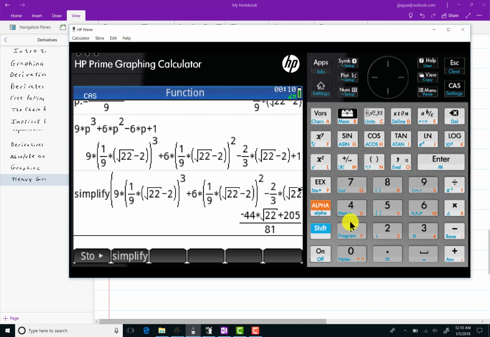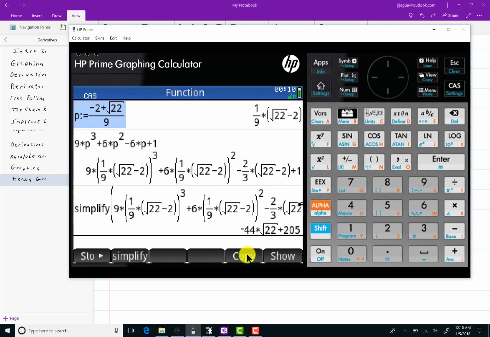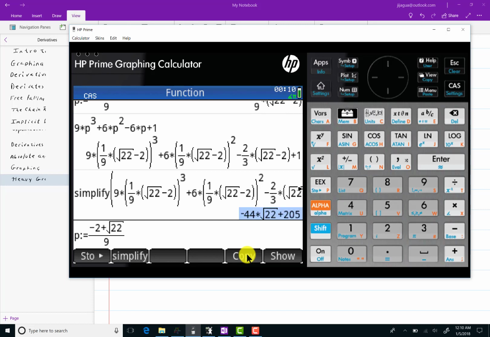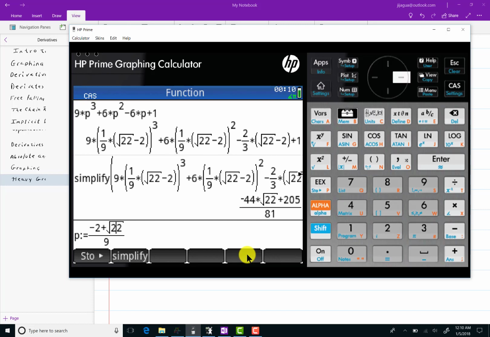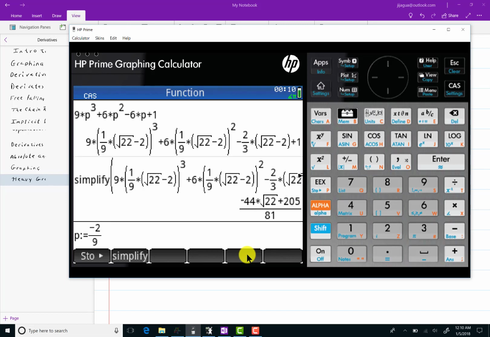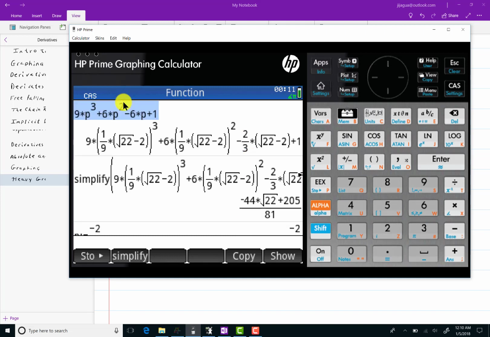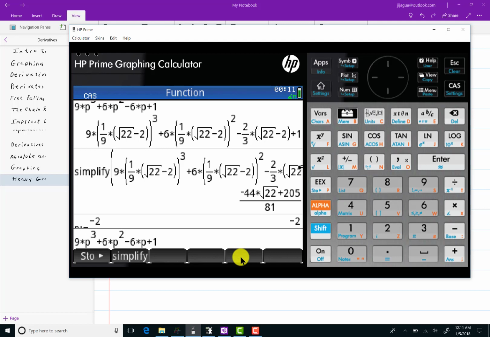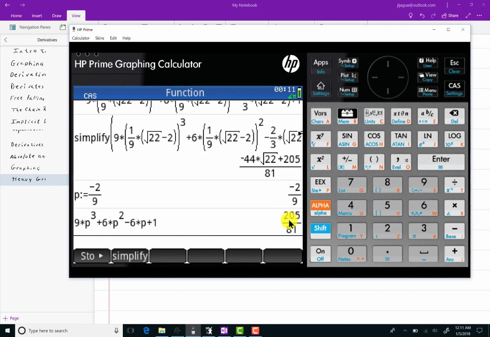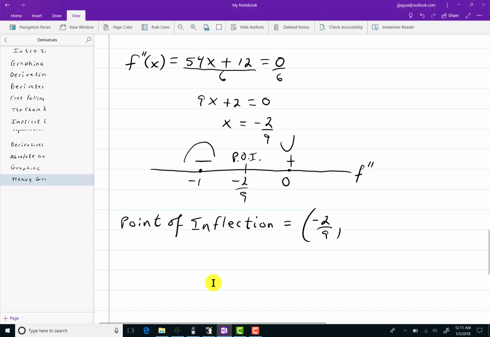I come back here with my p, I'll copy it, come up here, and I'll simply take that stuff out. Hit enter. There it goes. Take this guy, copy it, enter, and it tells me 205 over 81. So I was able to use a calculator to help me get exact answers.